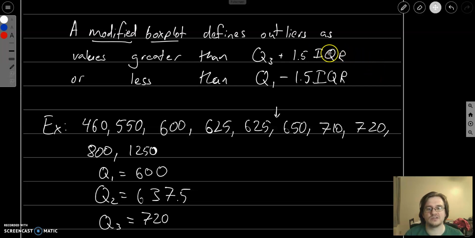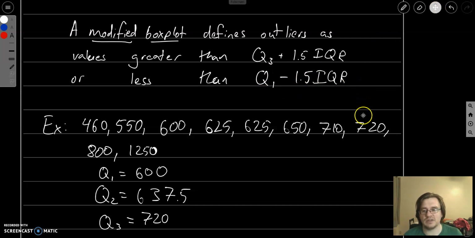The IQR, the interquartile range, is the distance from Q1 to Q3, and a number is considered an outlier when it's bigger than the third quartile by at least a whole length of the interquartile range and another half of the interquartile range. So 1.5 interquartile ranges above the third quartile, or the same distance below the first quartile.